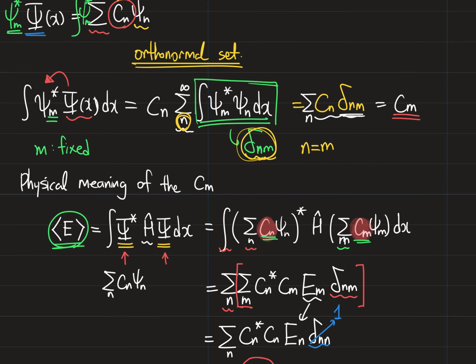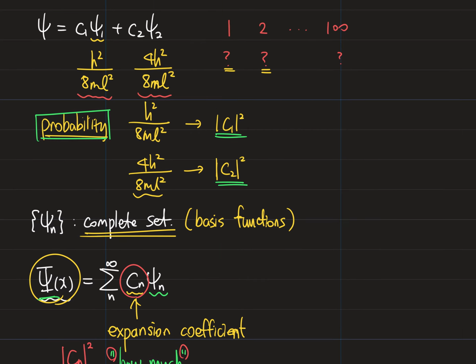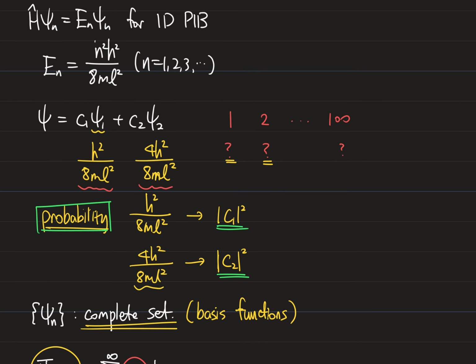So now you understand why I explained that if you have a wave function that is the superposition of two eigenstates, psi 1 and psi 2, the probability of finding the system with this energy is proportional to C1 square, and this amount of energy is proportional to C2 square.